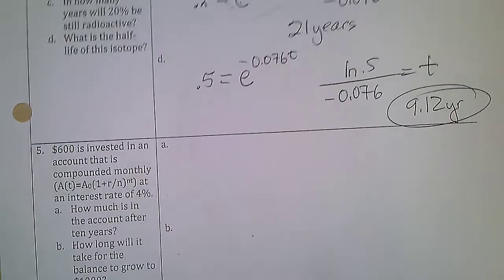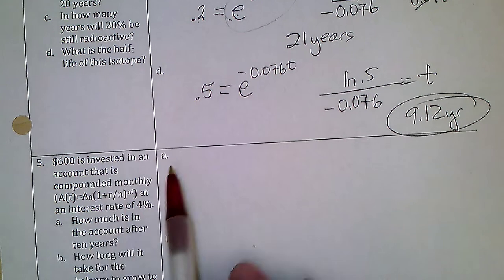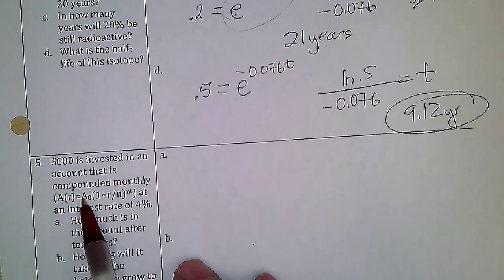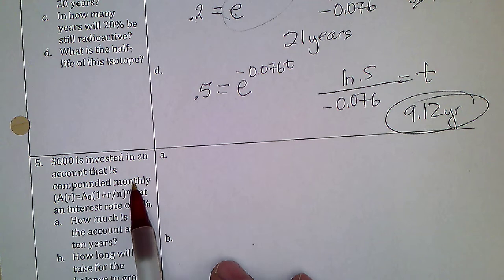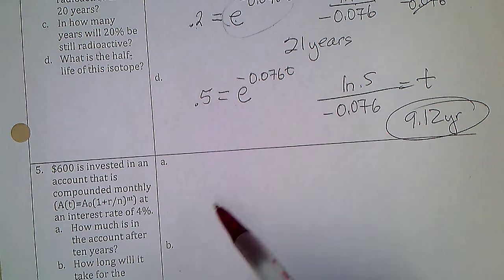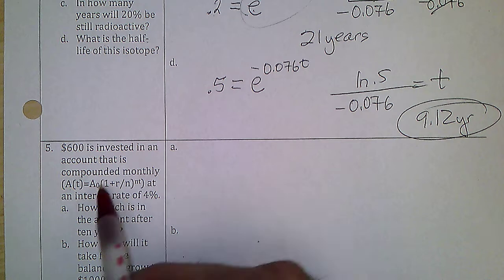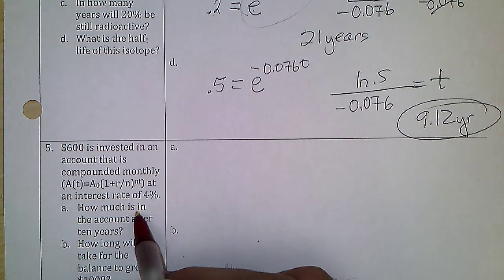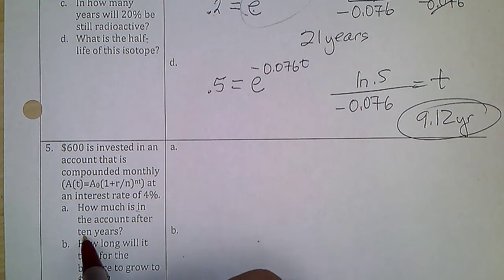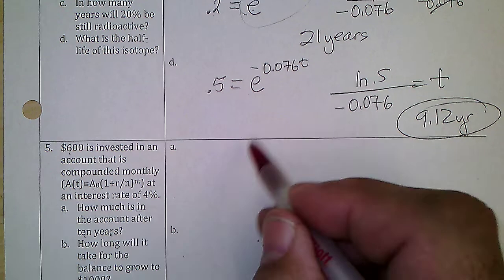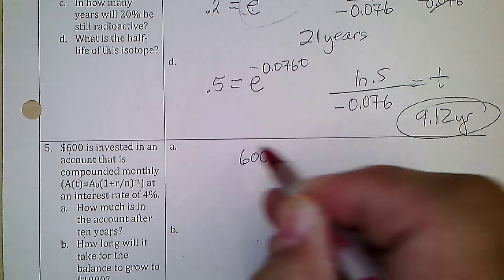Okay, the final equation. And then I'll answer my door. So we've got to solve this one. It says the amount left after you start with, and this is compounded monthly. So this is different than compounded continuously that we talked about in class. How much is in the account after 10 years? A0 is how much I started with, so $600.